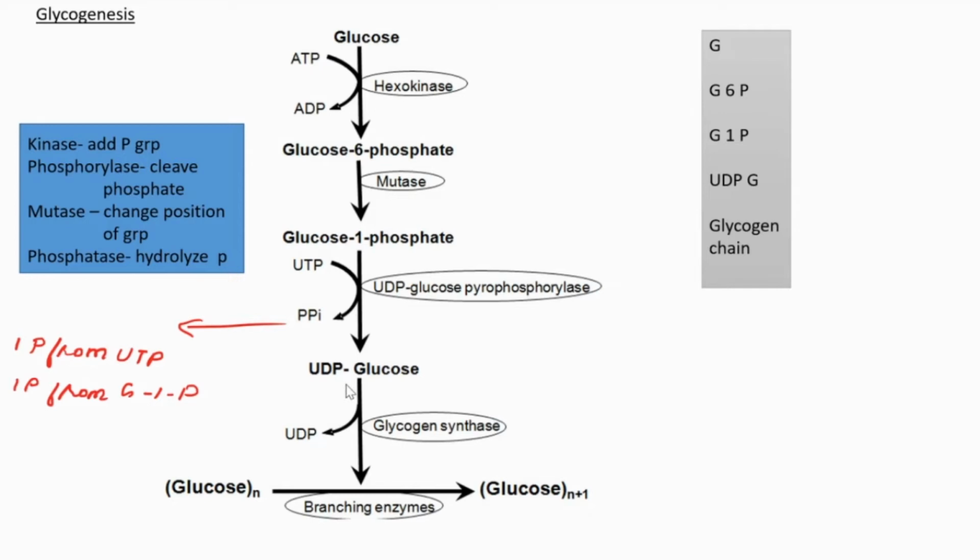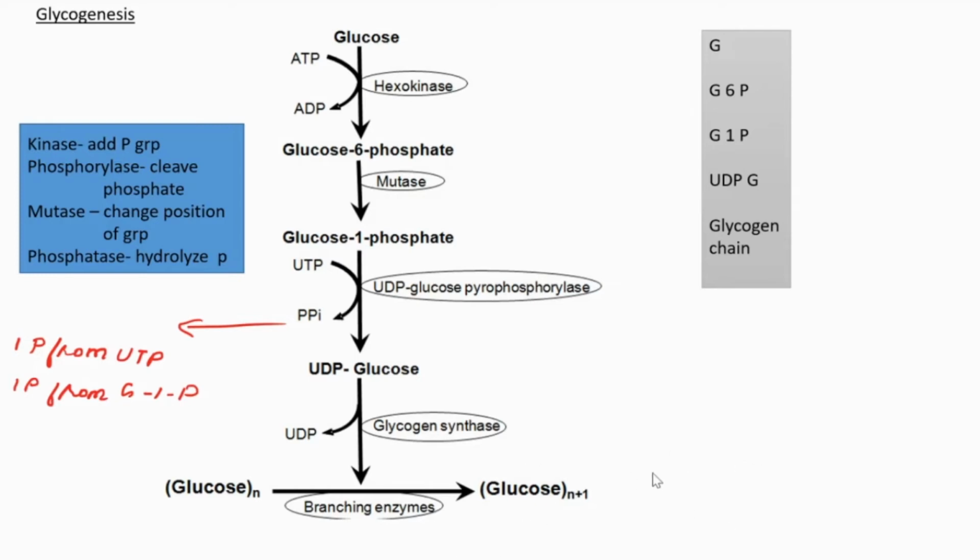Then this UDP glucose is simply added to a growing chain of glycogen. A growing chain of glycogen means repeating blocks of glucose units, one by one, and in that way the glycogen molecule is forming.